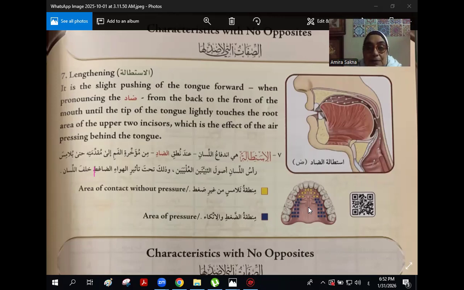Why do we explain the characteristics? Because maybe the makhraj, the articulation point, you cannot achieve properly. So the characteristics, the sifat, will help you. Because here I'm explaining to you how the sound is produced. In the articulation point, we explain from where.